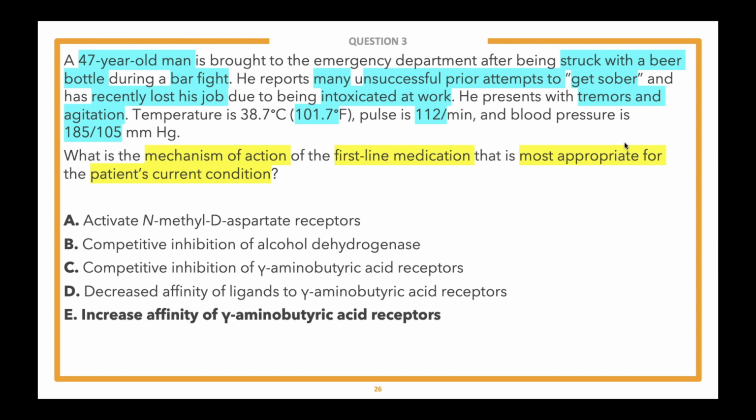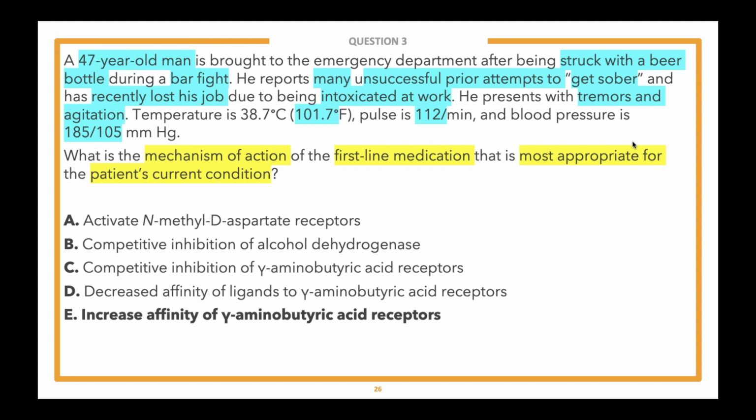Answer choice B, I think this was the second most highly selected answer. This is getting at something like either ethanol or fomepizole, which competitively inhibit alcohol dehydrogenase, okay? They're not used in this setting, but they can be used in other settings such as ethylene glycol or methanol toxicity.